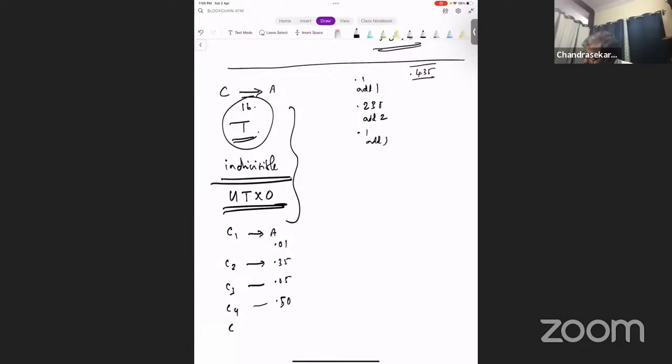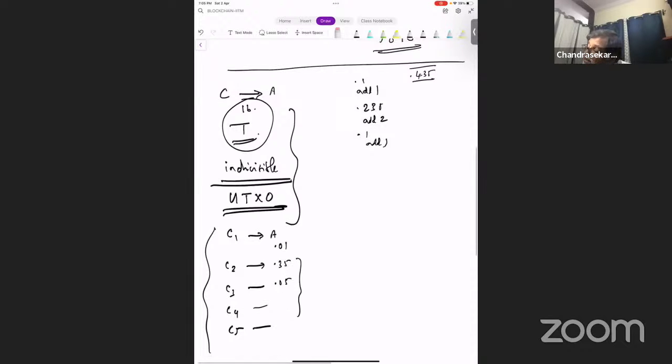Okay. C5 has, like this, there are several transactions. No, sorry, that is 0.45. So you can pool these 3 transactions and you can pay this.